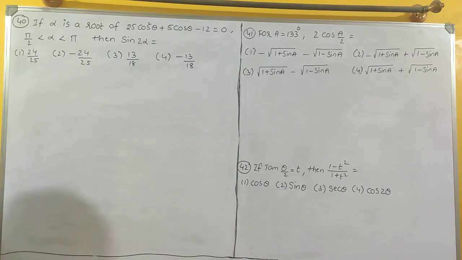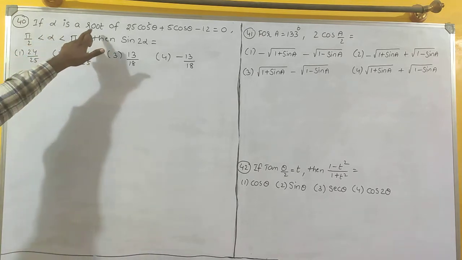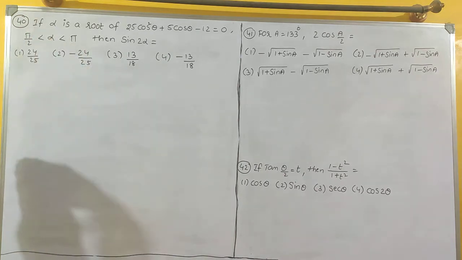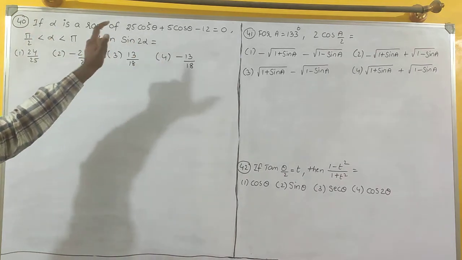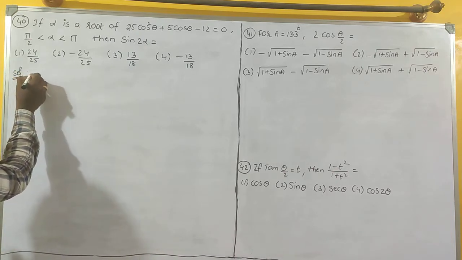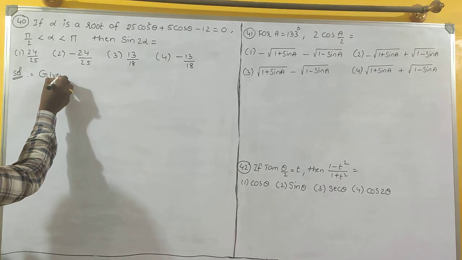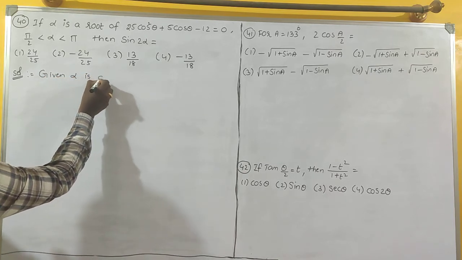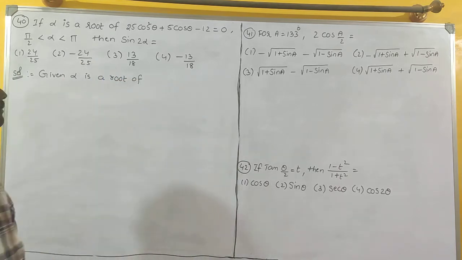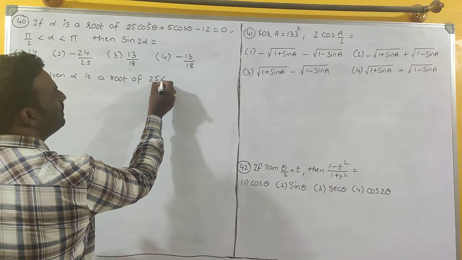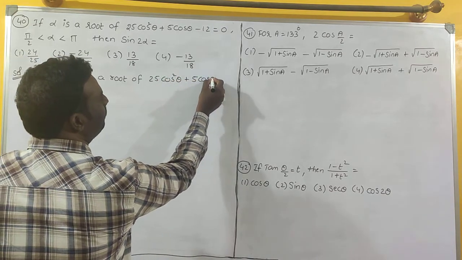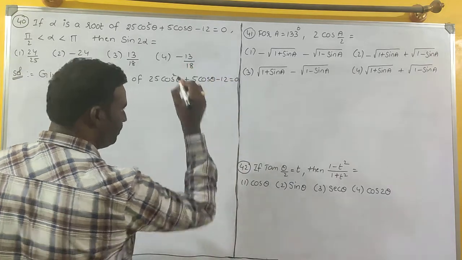Okay, in question number 40, they have given that alpha is a root of this equation and alpha lies between 90 to 180, then we need to find the value of sine 2 alpha. Okay, solution. Given alpha is a root of 25 cos square theta plus 5 cos theta minus 12 is equal to 0.